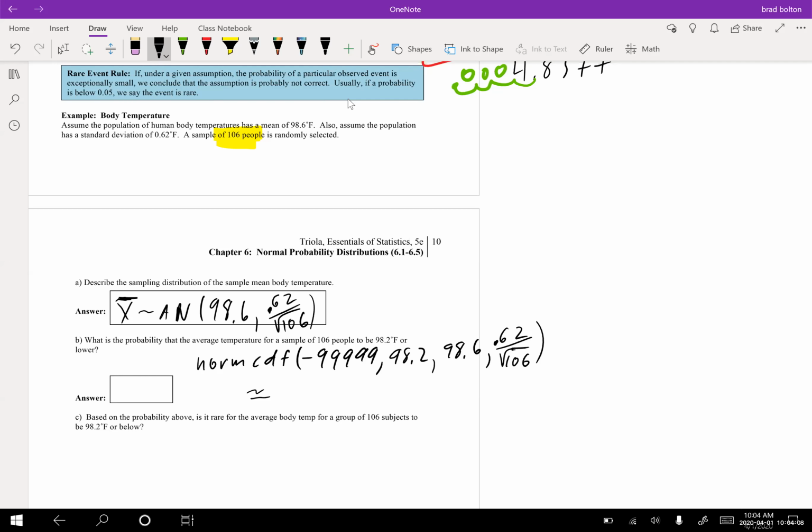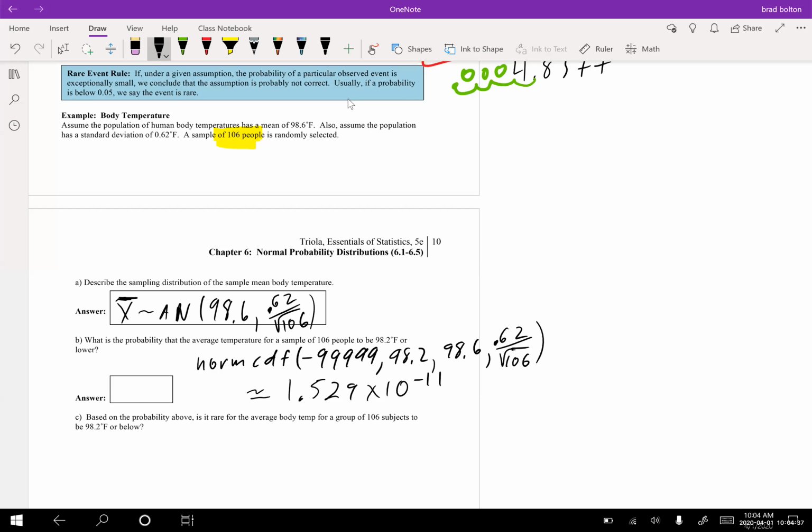I kept getting that wrong. Well, you guys, I can't get it to work on my calculator right now. I'm going to have to just tell you the answer. The answer is 1.529 times 10 to the negative 11, which again, you should know is a very, very small number.